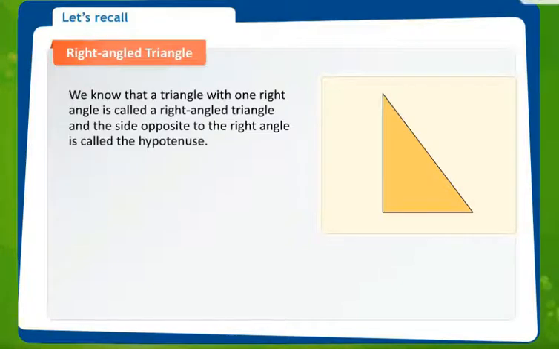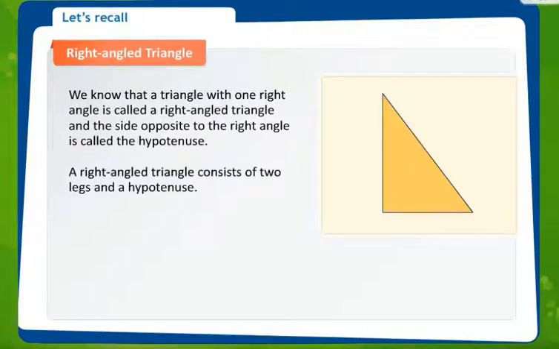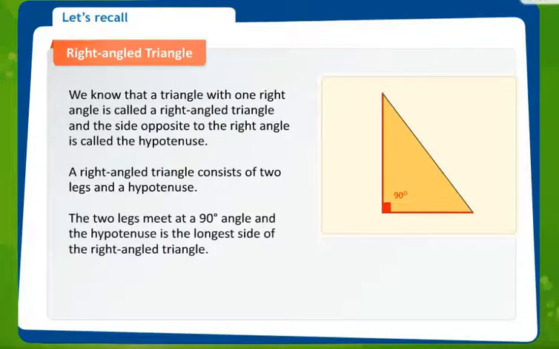You have to keep all these things in mind, only then you will be able to apply Pythagoras theorem. The right angle, you can see the red box denoted, and opposite to it is the hypotenuse. A right angle triangle consists of two legs and a hypotenuse. The two legs meet at a 90-degree angle, and the hypotenuse is the longest side of the right angled triangle.